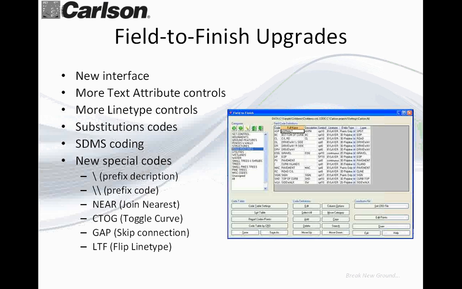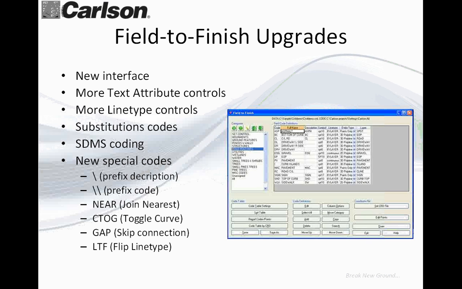Okay, Field to Finish has a new interface, which I'll show you in a moment. There's also more controls for drawing the attributes as text. There's more line type controls, support for more line types. There's a new substitution code. So if you have a code that you want to type in the field, but you want to translate it into a different code in the office, that's an option.